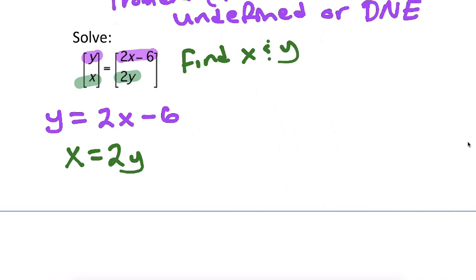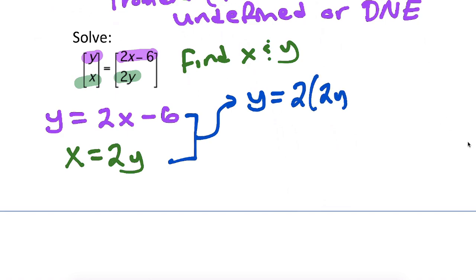We could say, okay, well, we know that if we merge these two equations together, y is equal to 2 times 2y minus 6, because we just substitute 2y in for x. And if we go through and solve this, we get y is equal to 4y minus 6.